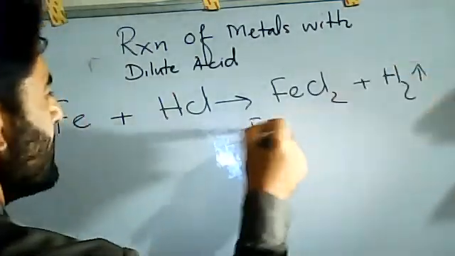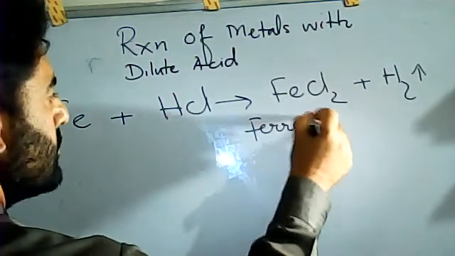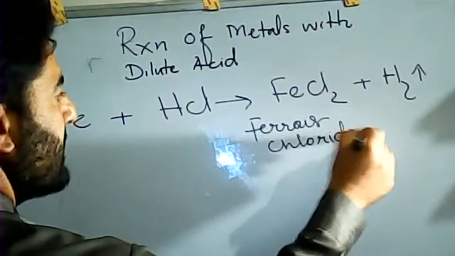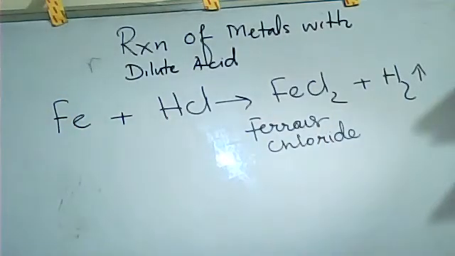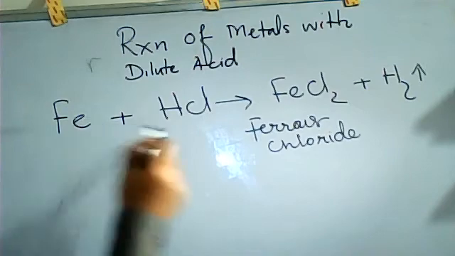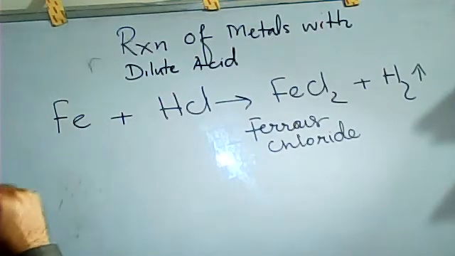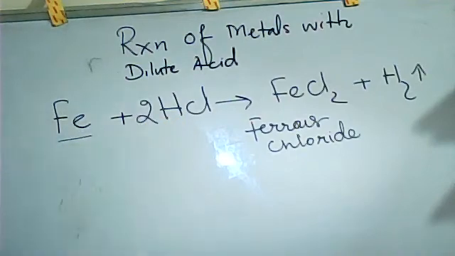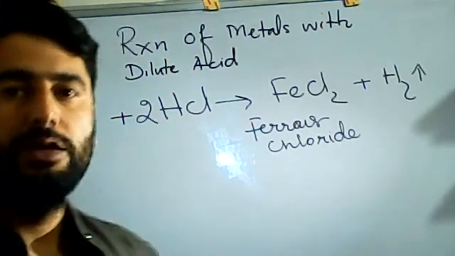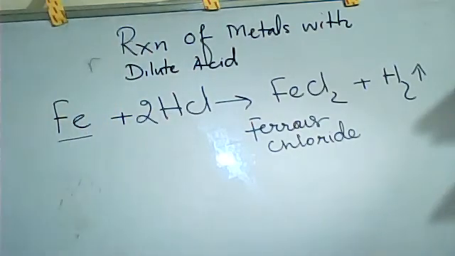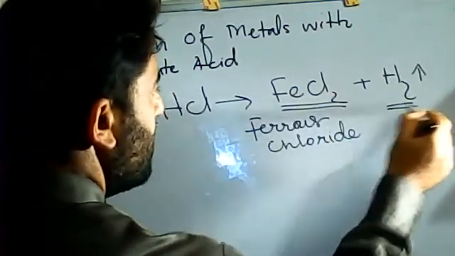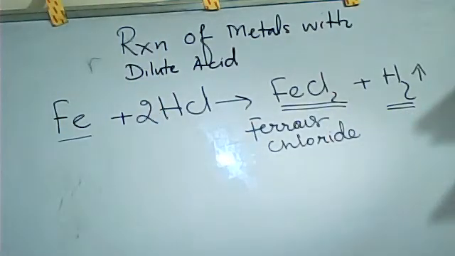This is ferrous chloride. So this is unbalanced, so we have to balance. We'll write 2 here. So 1 atom of iron will react with 2 molecules of dilute hydrochloric acid to form 1 molecule of ferrous chloride, and there will be liberation of hydrogen gas.